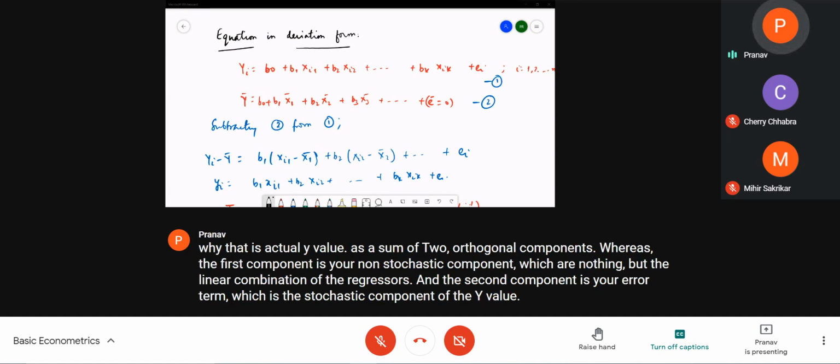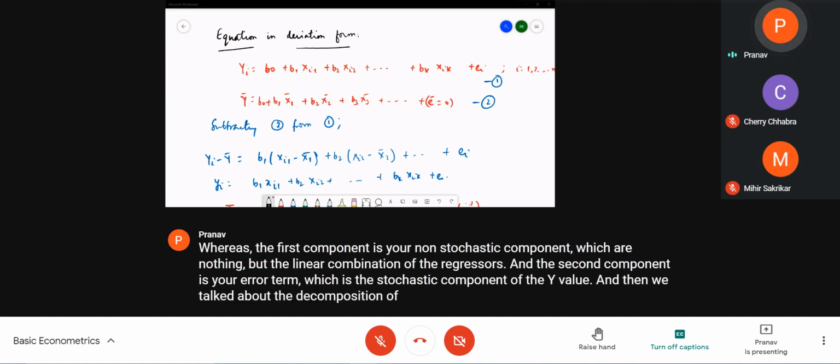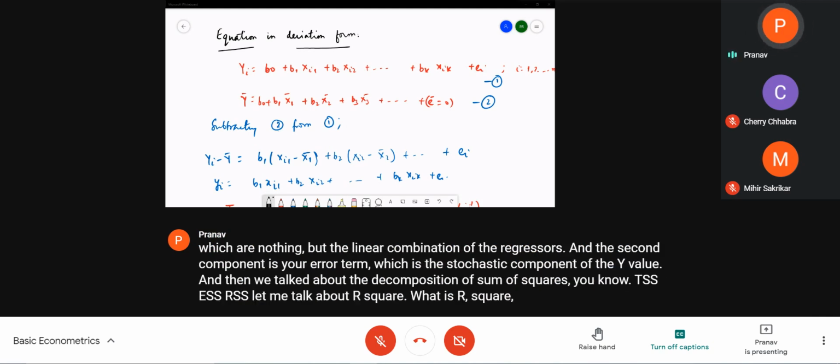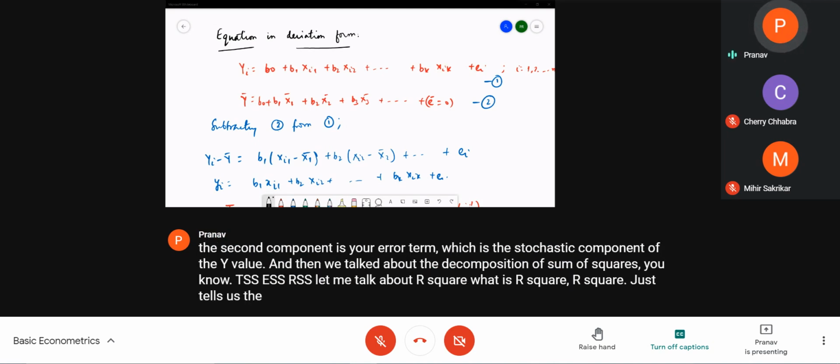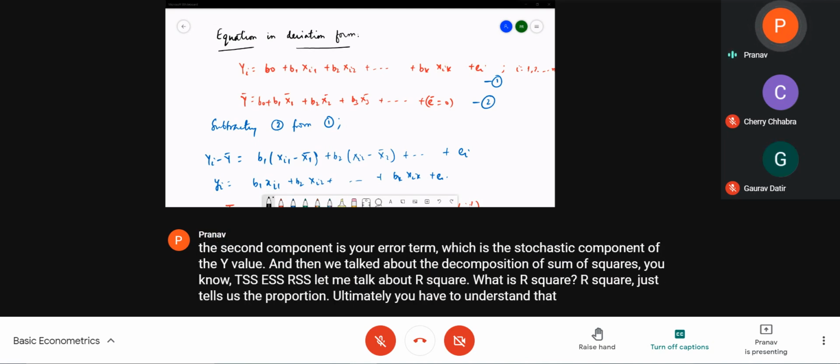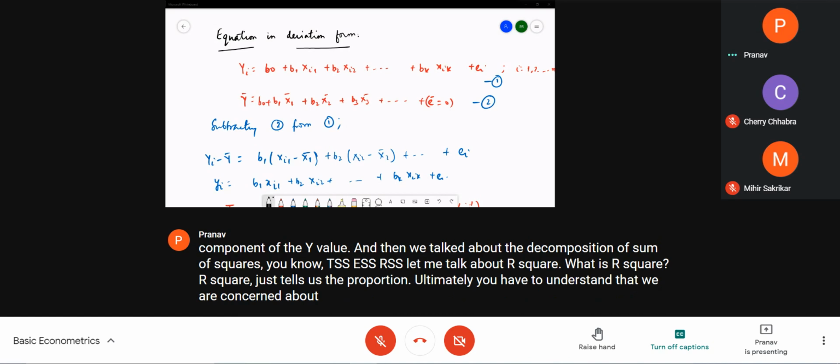And then we had talked about the decomposition of sum of squares, TSS, ESS, RSS. Then we talked about R square. What is R square? R square just tells us the proportion. Ultimately, you have to understand that we are concerned about the variation in y values around its mean value.